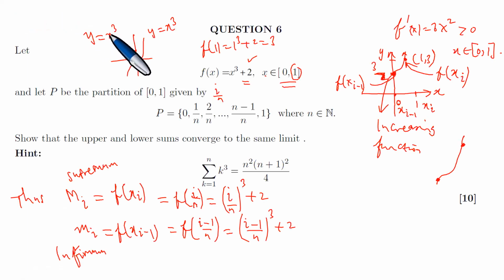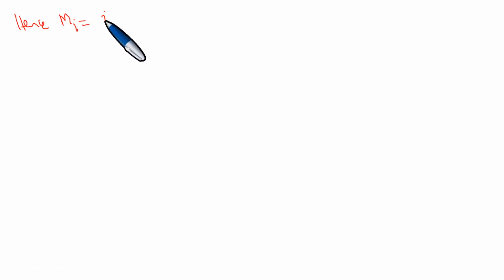Capital M, which is i over n cubed. Right, so this one is i cubed over n cubed plus 2.